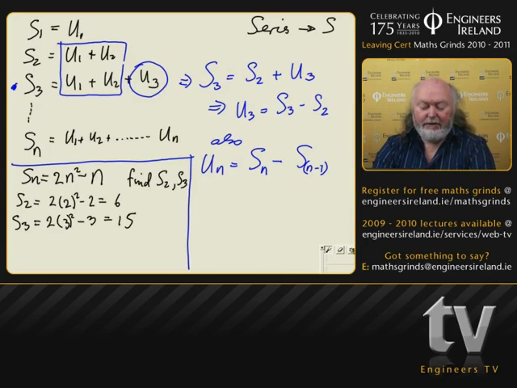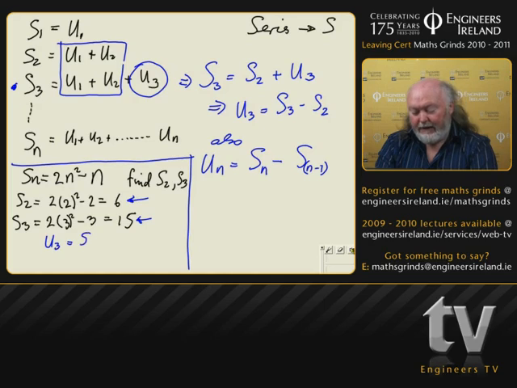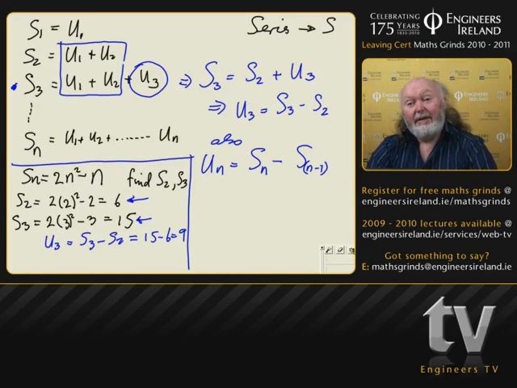So we're saying that's our second sum, and our sum of the first three elements are there. The second one has given us an answer of 6. The third one has given us an answer of 15. So we can actually easily work out that the third term in this series is S3 minus S2, which is 15 minus 6. Okay? So this is just how you manipulate them.